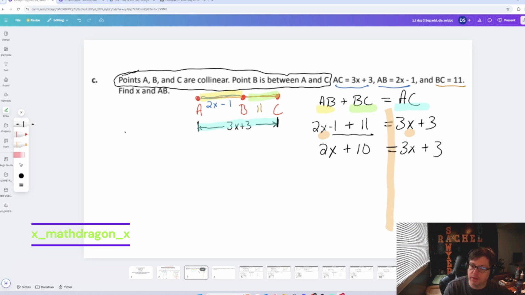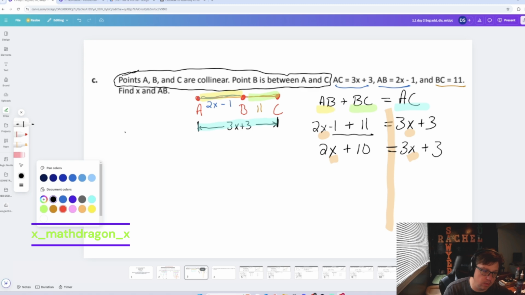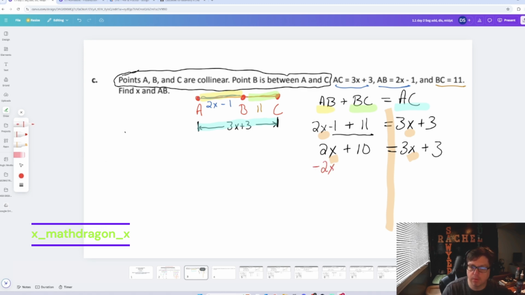Because all I'm doing is combining two terms that are on the same side of the equal sign and putting them together. So if I do that, now I'm setting this up. I still have my highlights that are on opposite sides of the equal sign. So what I'm going to do is move one of them to the other side. And how I take a positive 2x and get rid of it is I'm going to subtract 2x. Because 2 minus 2 is 0.